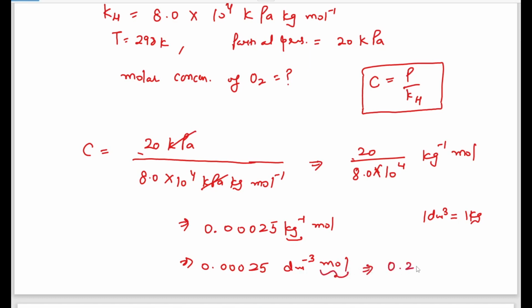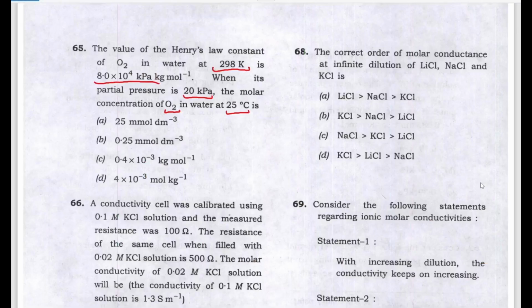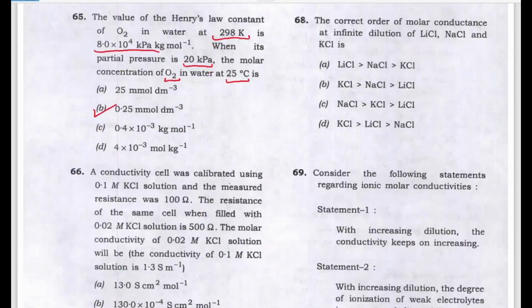So you will be left with the final answer, that is 0.25 per decimeter cube millimole. Convert it into millimole because 1 mole is equal to 1000 millimole. So this will be your final answer, that is 0.25. So B is the correct answer in this question.